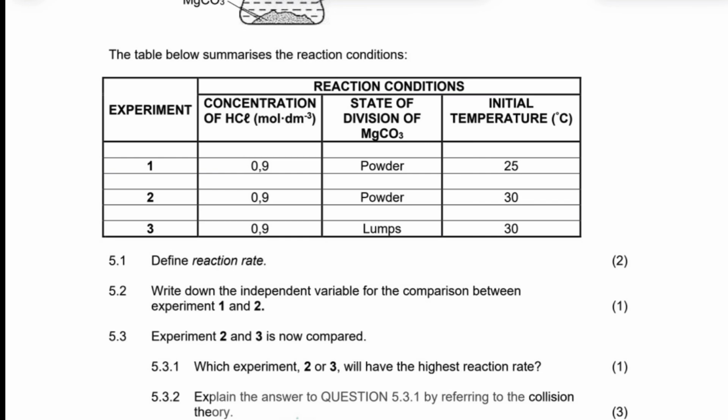If you look at 1 and 2, the difference is the temperature, because the concentration is controlled and the state of division is controlled. So the independent variable there is the temperature. Right, that's the answer.